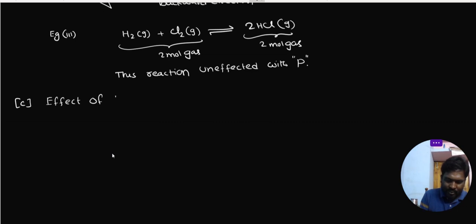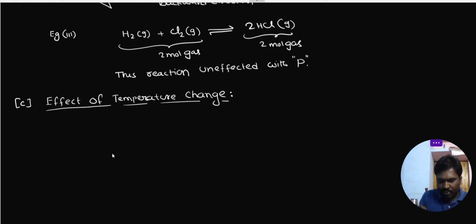Effect of temperature change. Okay, effect of temperature change. So this is also a very important factor. Here also one sentence is very important.